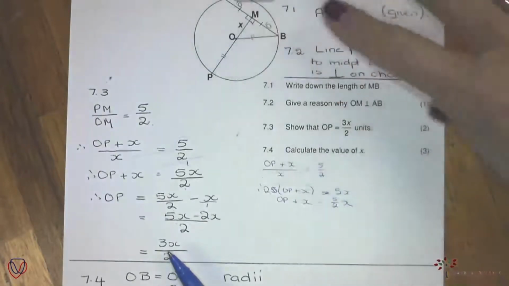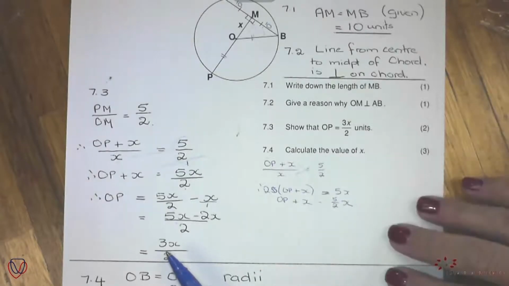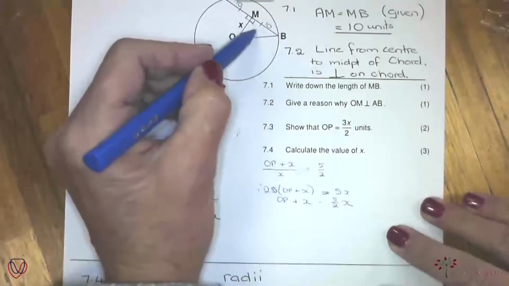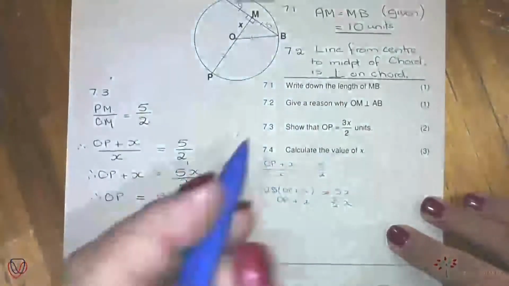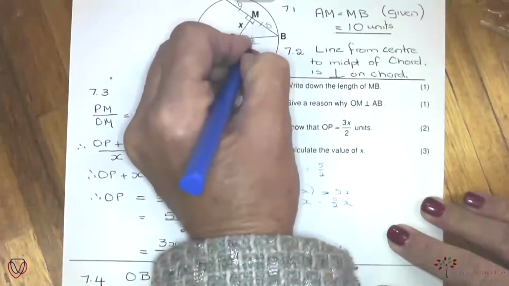So they've asked all the questions to lead you to 7.4. Right. In this little blue triangle, look at that one. What do we know now about OB? It's going to be OP, and that is 3x over 2.